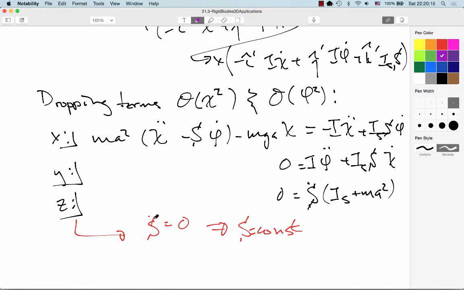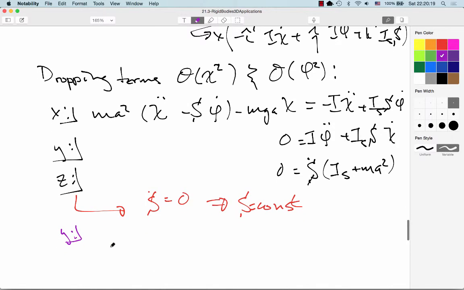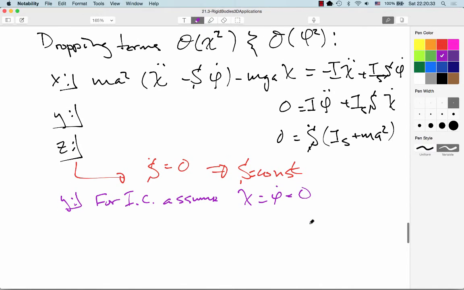Now, if we take a little more of a look at the y equation, for our initial conditions we'll assume that chi equals phi dot equals 0. That seems reasonable. The bike wasn't falling over yet.